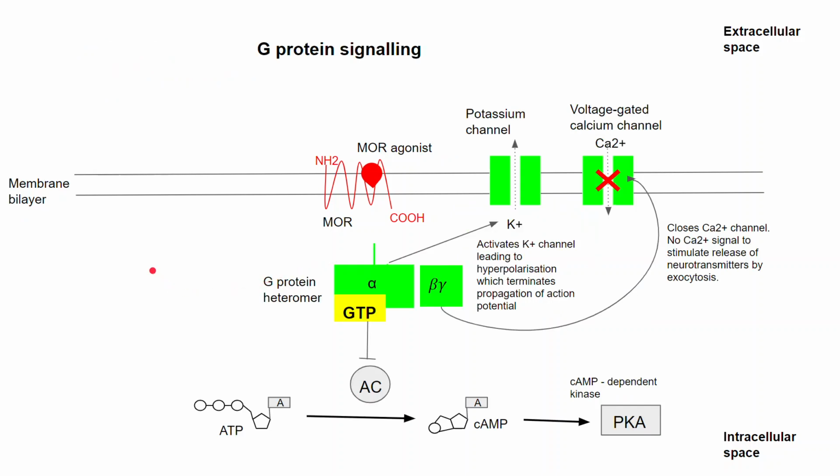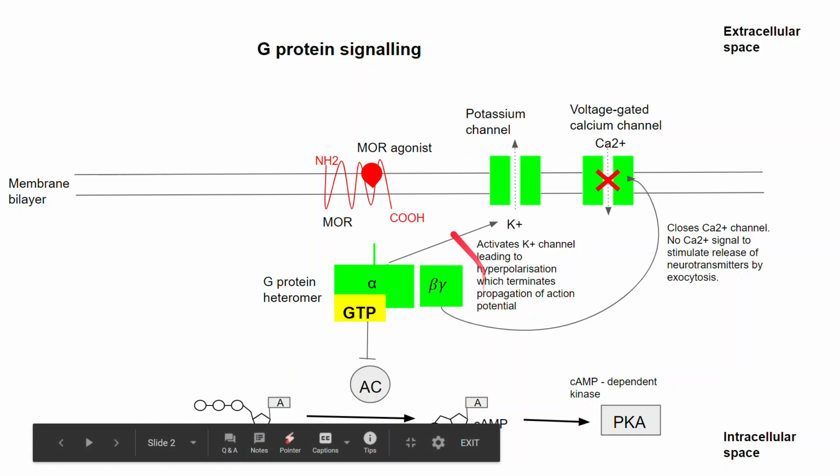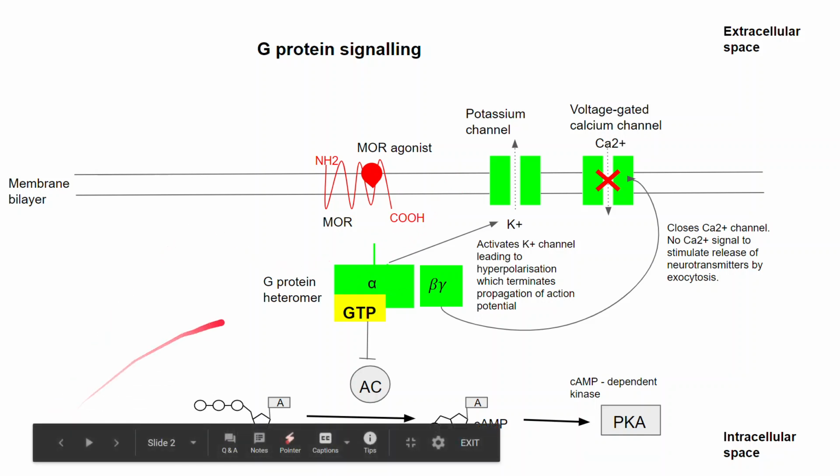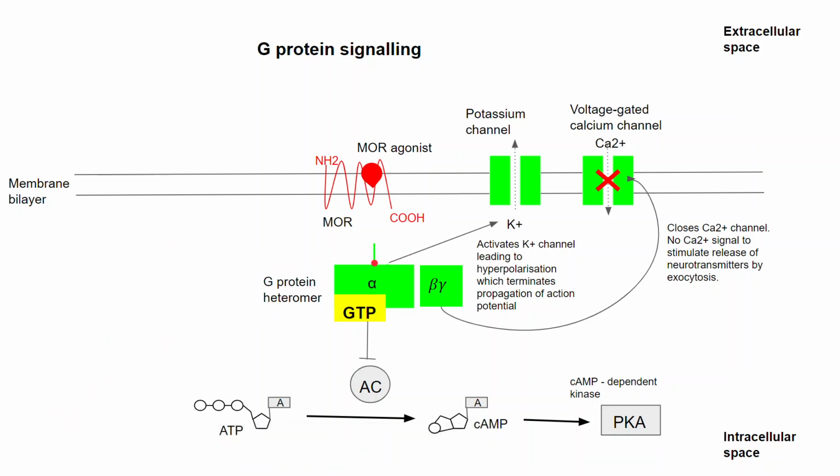So just briefly, one of the signaling pathways which is activated by the mu-opioid receptor is G-protein signaling. And just to mention that this G-protein heteromer is only shown like this for clarity, but in reality it's bound in the membrane bilayer, as you saw in the previous diagram, by some fatty acid tails coming off the alpha and gamma. But for clarity we've just shown it here.